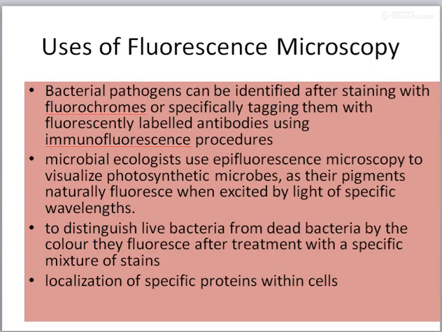Now, what are the uses of these fluorescence microscopes? Sometimes certain bacterial pathogens can be identified after staining them with fluorochromes. Or sometimes you can tag them with fluorescently labeled antibodies using immunofluorescence procedures. Now you might think, what is a fluorescent labeled antibody?